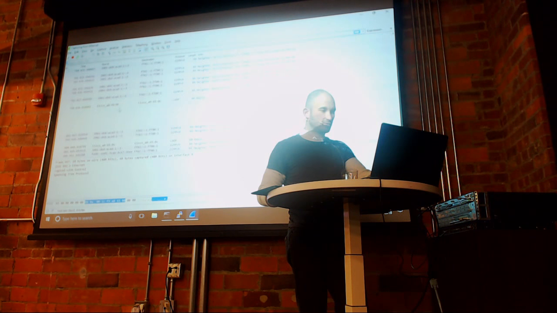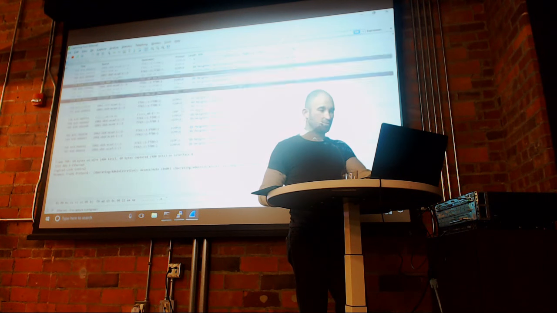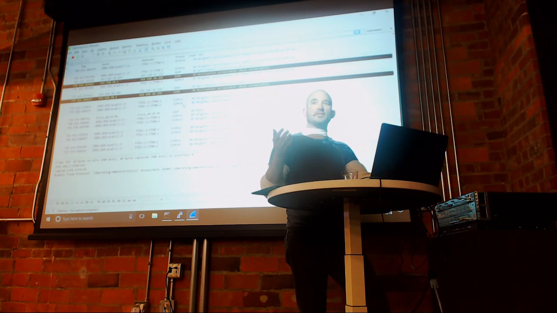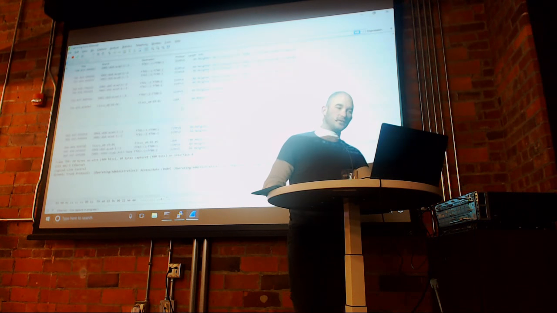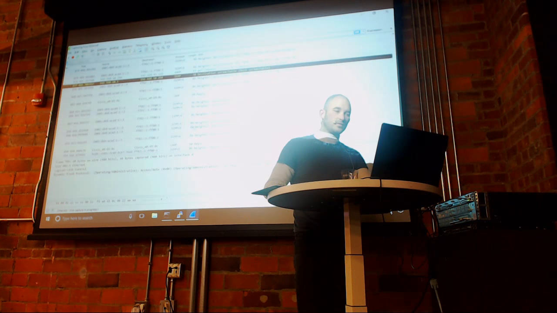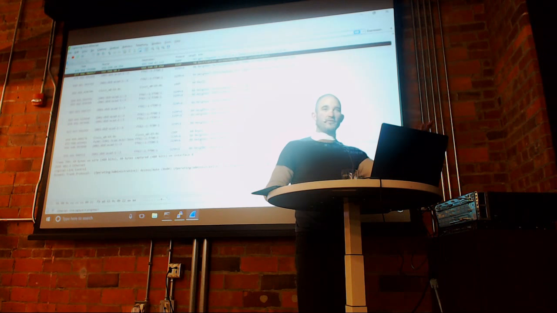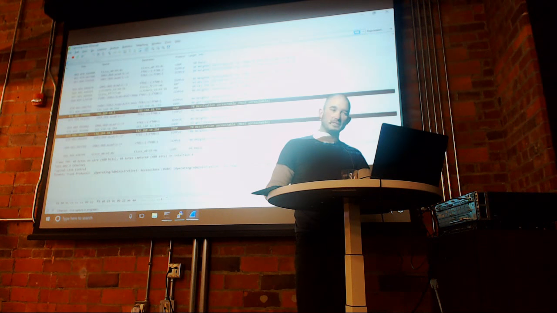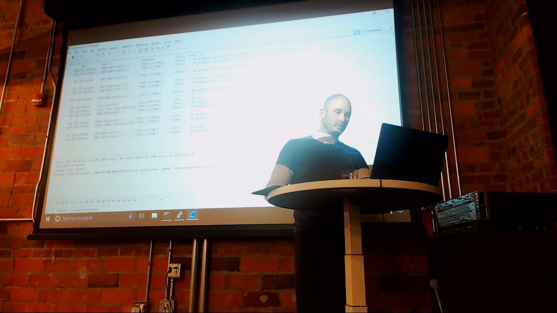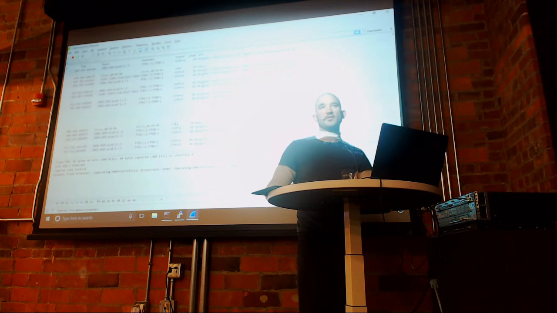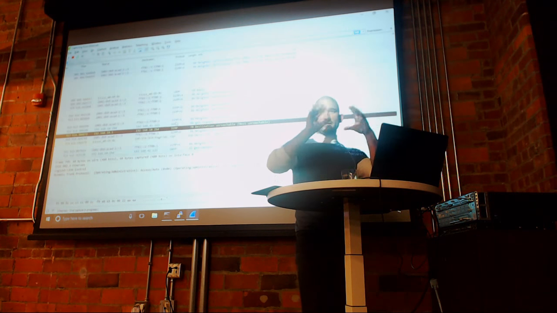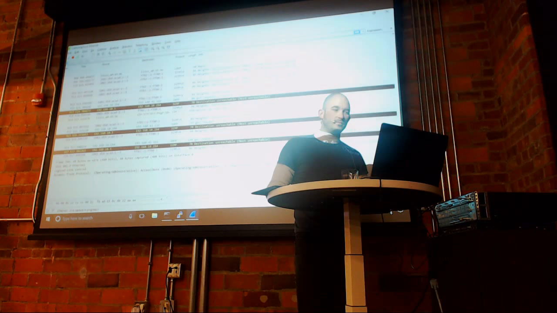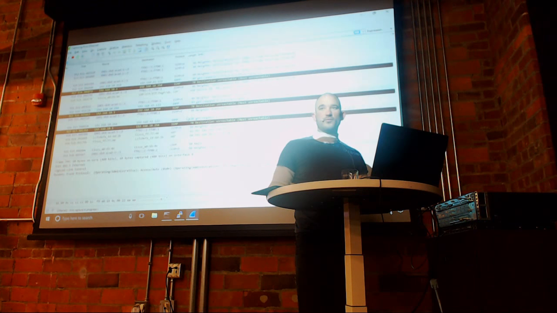So if you look up here, there's an entire block of CDP, and there's some even DTP messages. DTP is Dynamic Trunking Protocol. Each interface on a switch will negotiate to other devices if it's a trunk, which is also a vulnerability. So that's what DTP is, and you can also shut that down, because again, that's another message that's put out on your network that gives an attacker some information about your device.